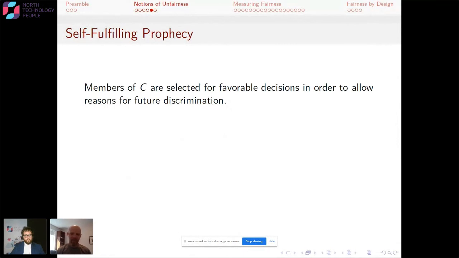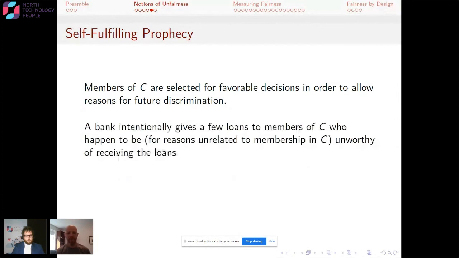Another form of bias that we will see and we have to watch out for is in cases where, I'll talk about it as if it's intentional, but it doesn't have to be intentional, members of the protected group C are selected for favorable decisions, but you don't necessarily pick the right members of group C, and that creates a justification for future discrimination and future exclusion from those favorable decisions.